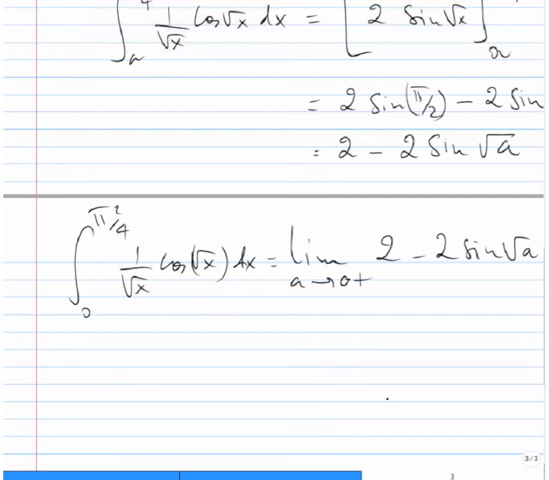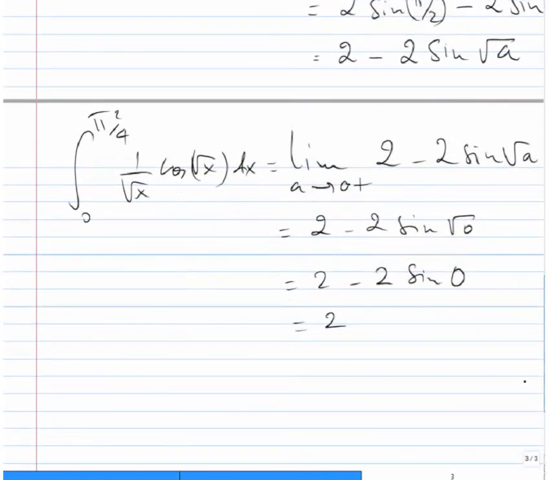Sine of square root of a when a goes to 0 will go to sine of square root of 0, and that's sine of 0, and that's 0. So 2 minus 2 sine of square root of 0 is 2 minus 0. So the limit is 2, which is a number, so the limit exists.